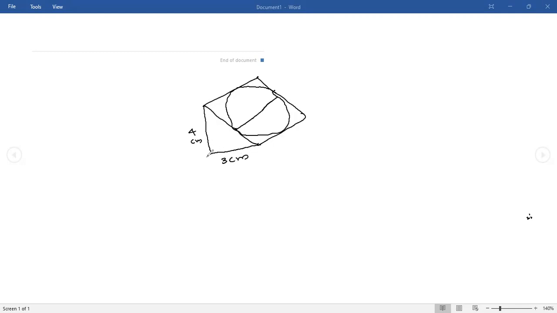The question towards us is, what is the area of the shaded circle?